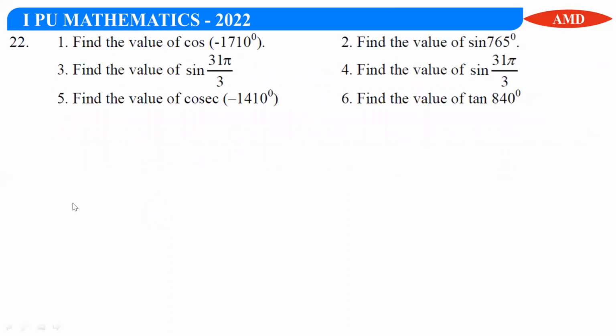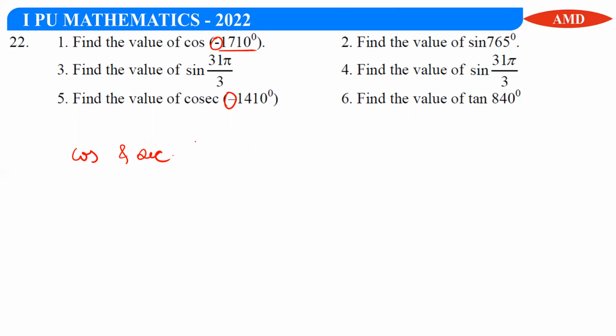The 22nd question, here you will have to evaluate the trigonometric values of the allied angles like this. A few things that you need to remember here: what should you do if there is a negative sign? Whenever there is a negative sign, in the case of cos and its reciprocal sec, you have to ignore those signs.